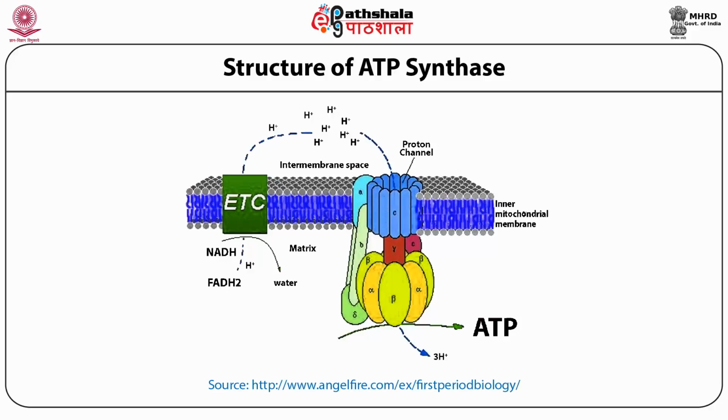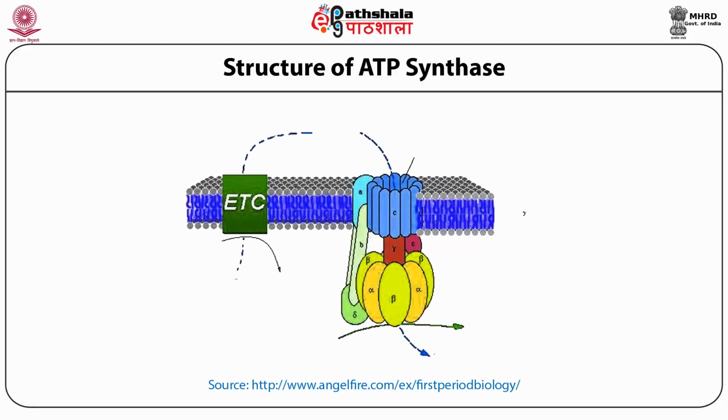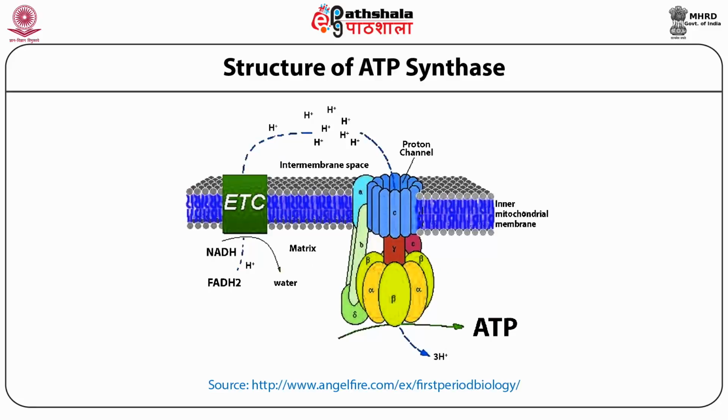The BF1 probably has the subunit structure as shown in the figure. The alpha and beta subunits form the catalytically active portion of the structure, the site where adenosine triphosphate is synthesized from adenosine diphosphate and inorganic phosphate.